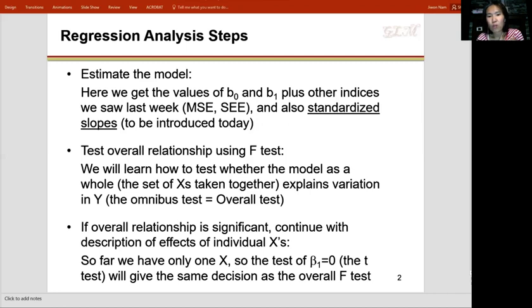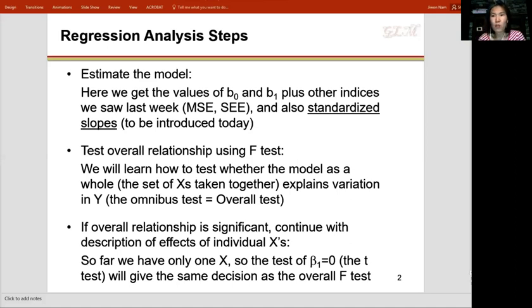The t-test is going to be the same as the F-test because we have only one single X predictor. But after today, we will talk about multiple regression. At that time, the t-test is not going to be the same as the F-test because we have multiple X variables, so we have multiple slope tests. So far, we have only one X. So the test of beta 1 equals 0, the t-test.